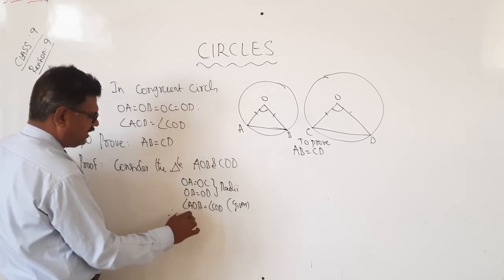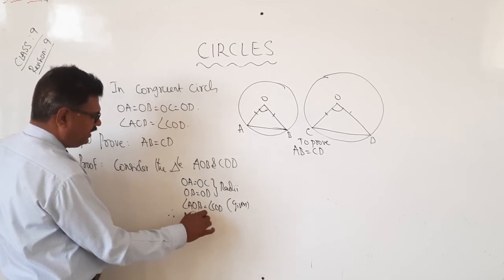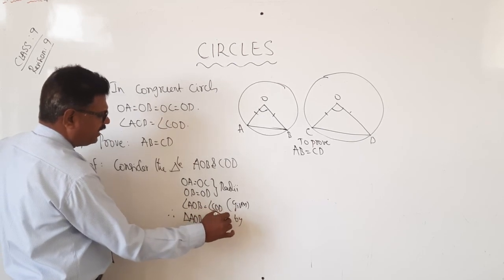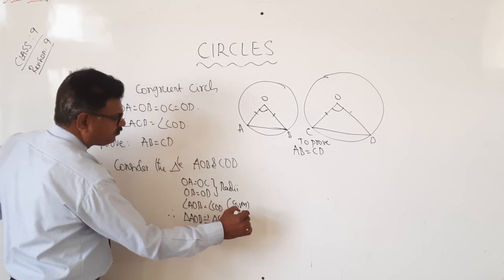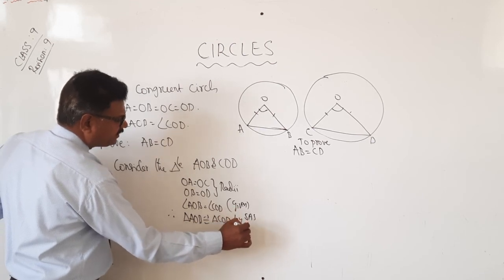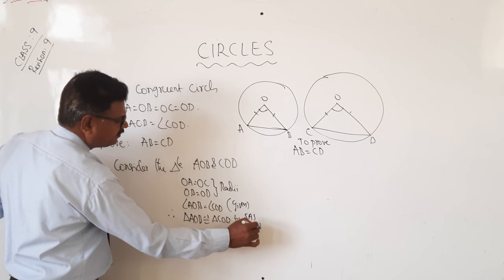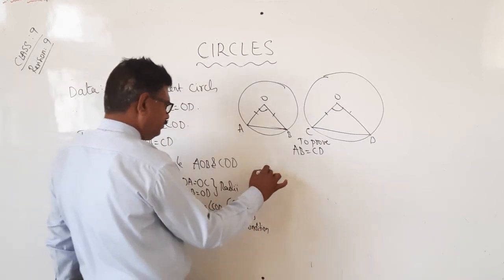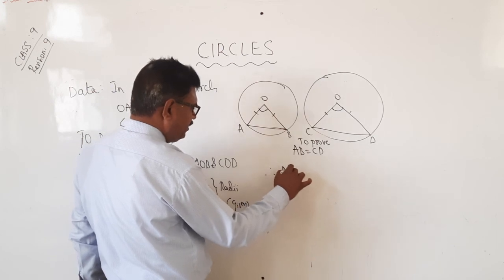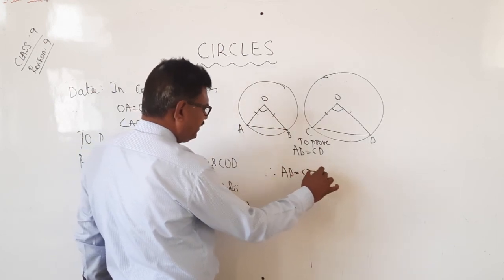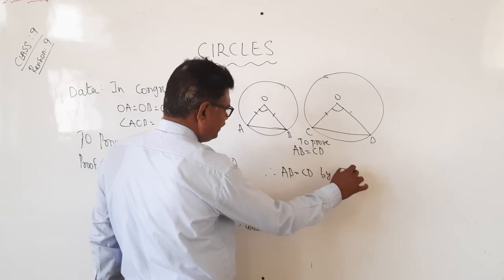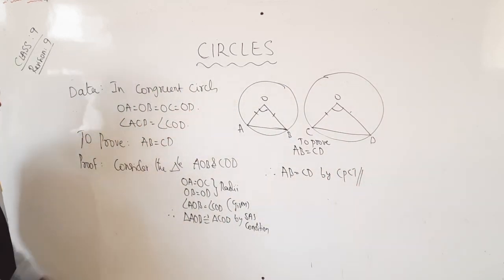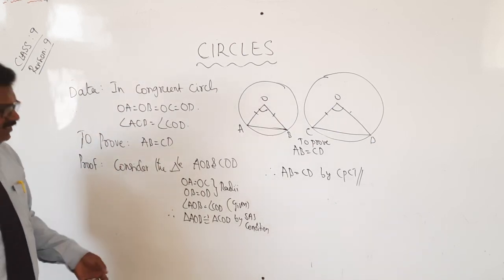Therefore, triangle AOB is congruent to triangle COD by which condition? SAS condition. Therefore, AB will be equal to CD by CPCT, corresponding parts of congruent triangles. Okay na? So this is the second exercise.